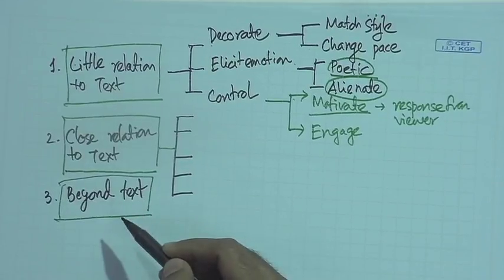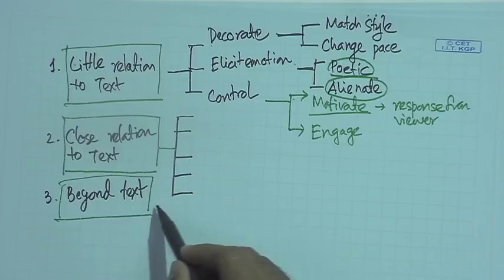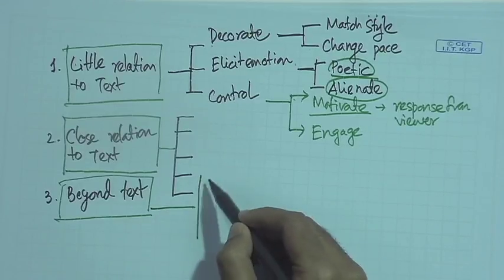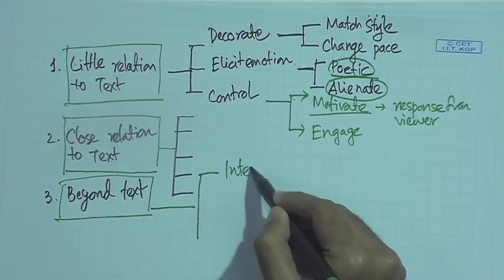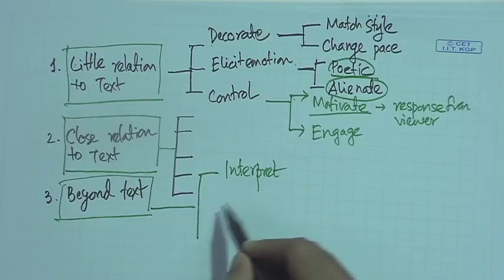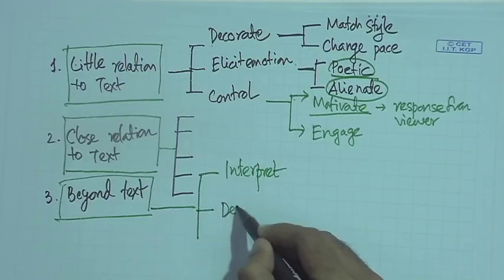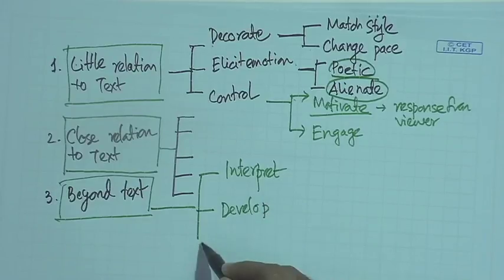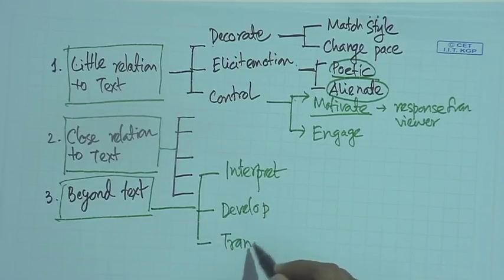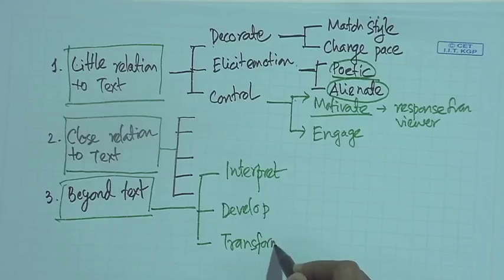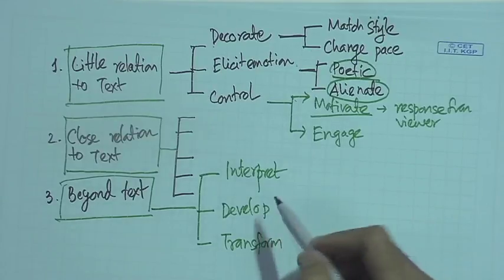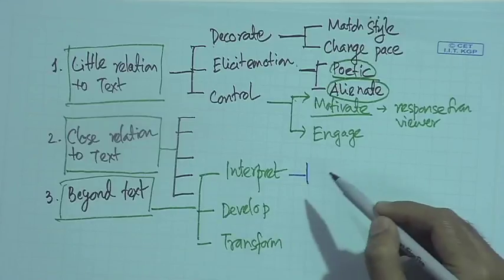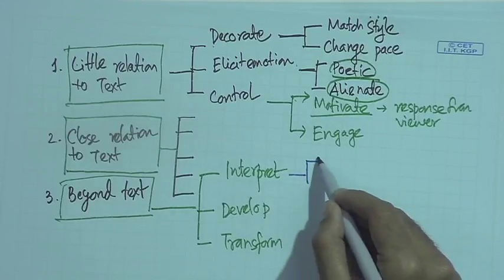Now, let us come to the next level, which is beyond the text. The things which go beyond text are when you are trying to interpret something, you are trying to develop something, and you are trying to transform something. So, in these kind of cases, it goes beyond the limits of text, and you do not really rely on text anymore.